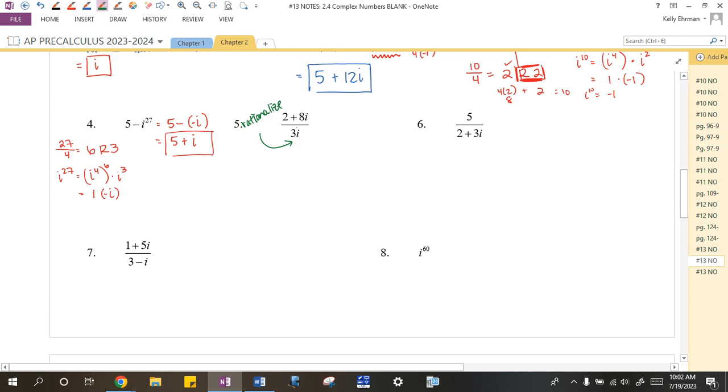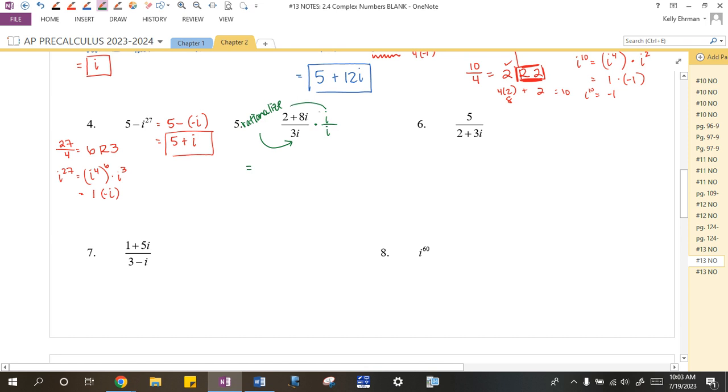Now, if you just have a monomial, so just a 3i down here, as opposed to a binomial, 2 plus 3i or 3 minus i, to rationalize, you simply multiply by i over i. It does not matter what number is in front of the i. This could be a negative 3, could be a 3,000, whatever. Multiply by i over i, and you'll see why that works.